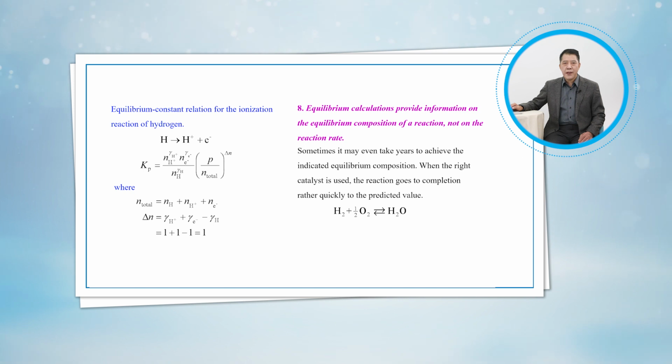However, the rate of this reaction is so slow that it practically does not occur. But when the right catalyst is used, the reaction goes to completion rather quickly to the predicted value.